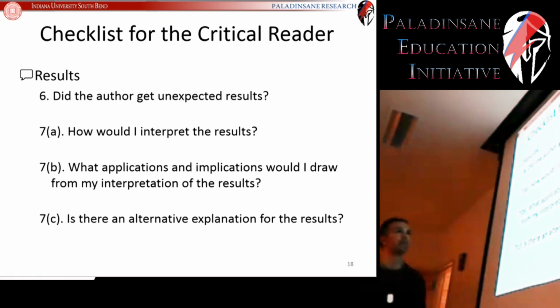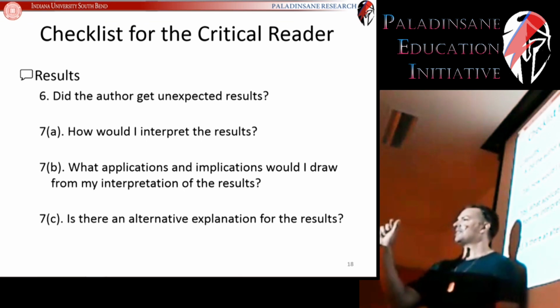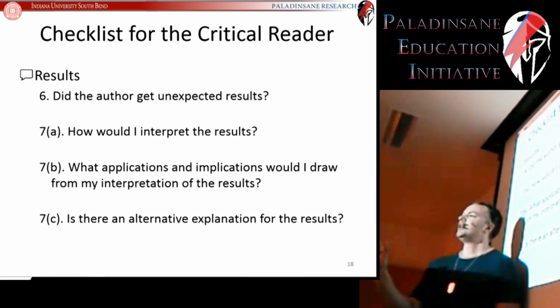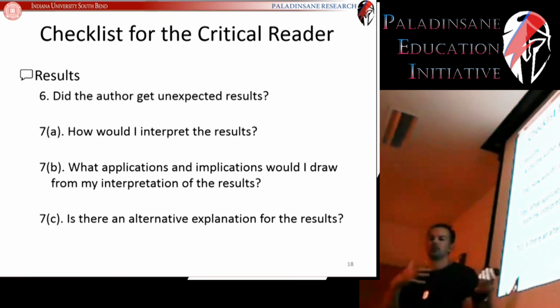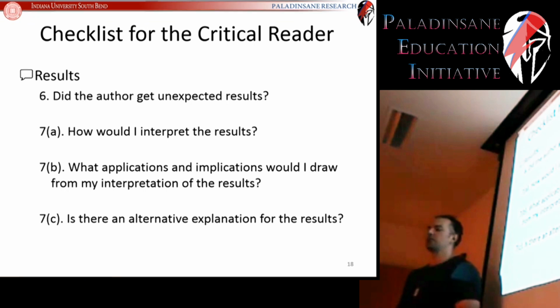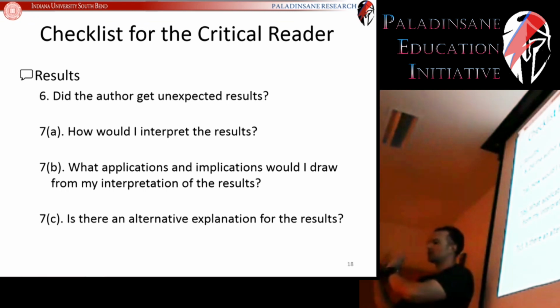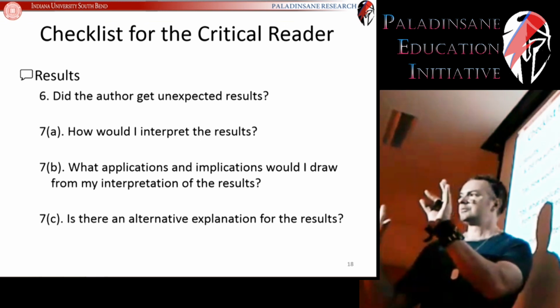It's a good point. Skip the title then too, because good titles will oftentimes have at least a part of the results. Right, so a bad title, we'll discuss this when we get to title pages later on, but a bad title or an ineffective title would be something like, the effects of social media on depression, right?